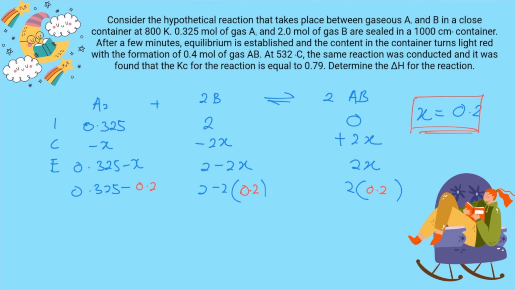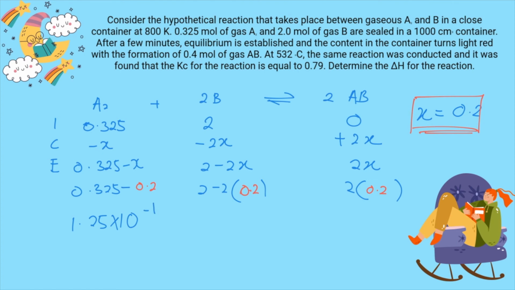So we are going to plug in the value of x in each substance. I've already written this down, so you can get the concentration of A2 at equilibrium is equivalent to 1.25 times 10 to the power of negative 1.